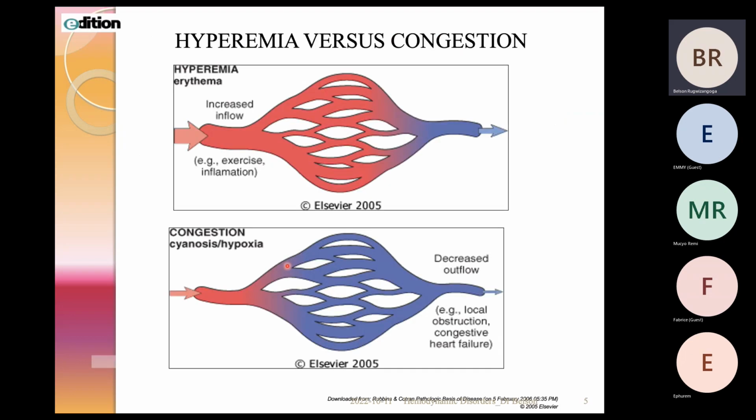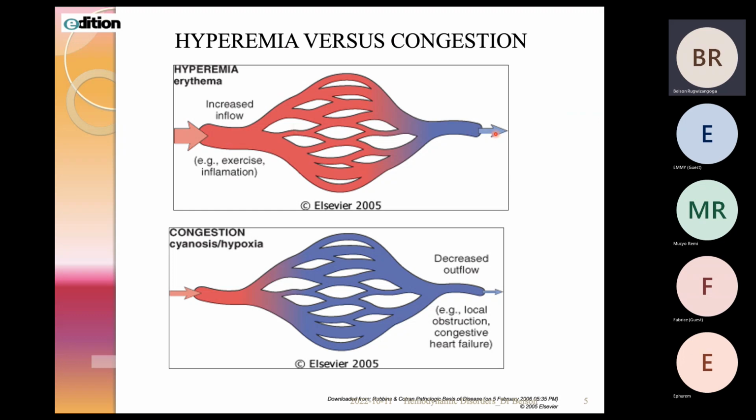So the picture here explains it all. So here there is an increased inflow of the blood. This can happen if there is an inflammation, or intense exercise. So here you see that even the caliber has increased in size. It has increased as a defense mechanism because of the increase in the volume of the blood.